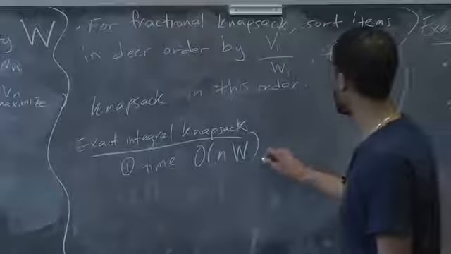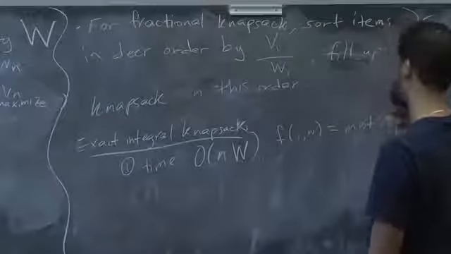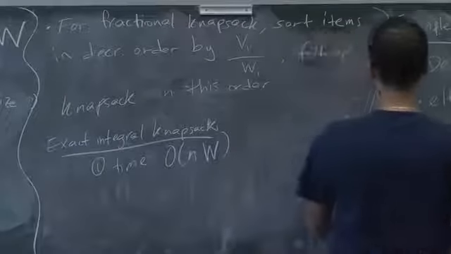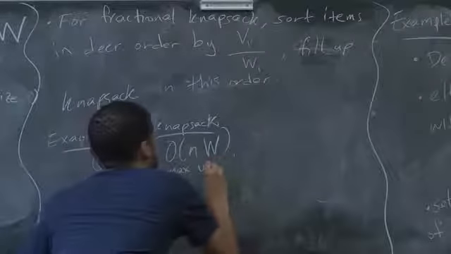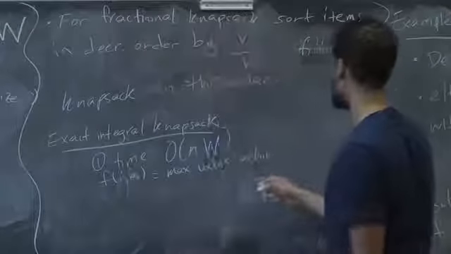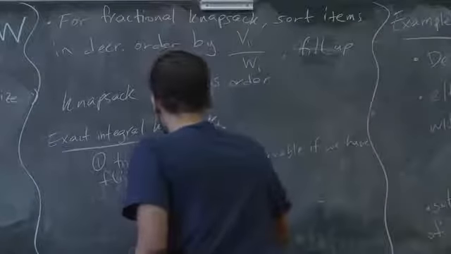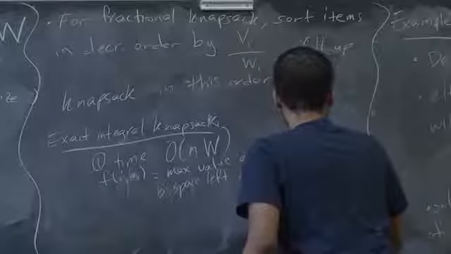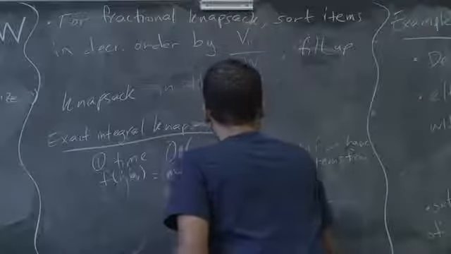Here is what you do. You say f of i, b is the max value achievable if we have b space left and only take items from the set 1 up to i.